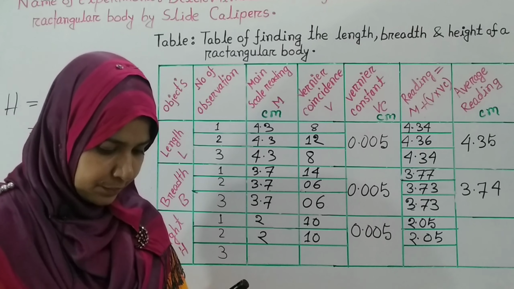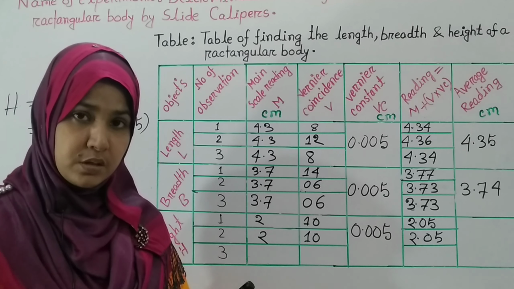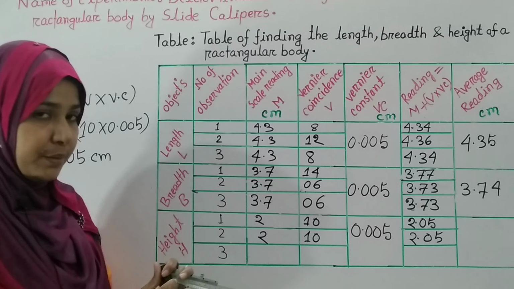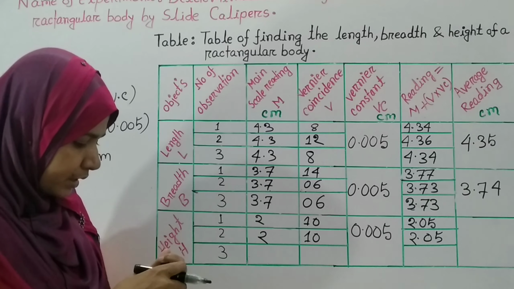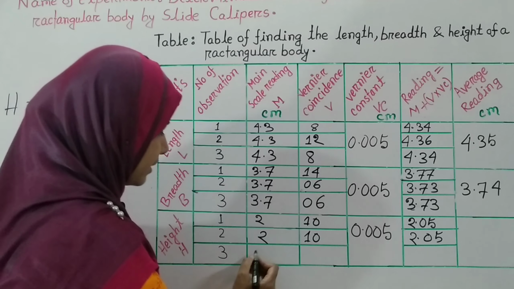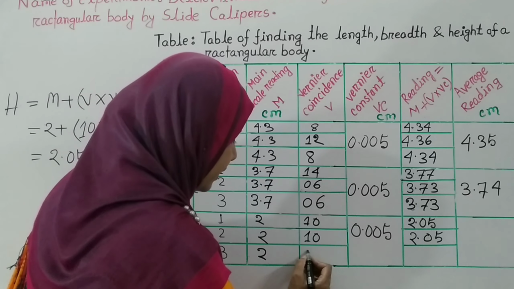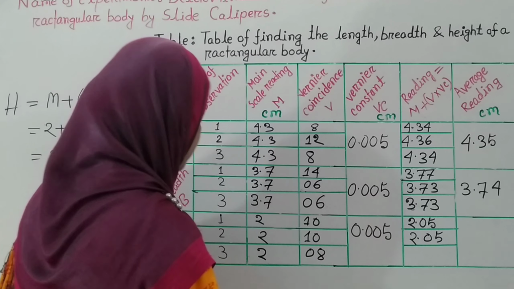Now I am going to take the measurement, and this time there's a little change in the vernier coincidence. Now the vernier coincidence is 4, that means 8. The main scale reading remains constant at 2, and the vernier coincidence is 8.